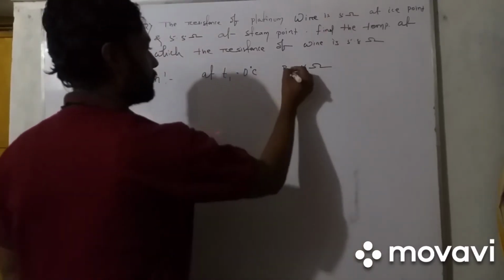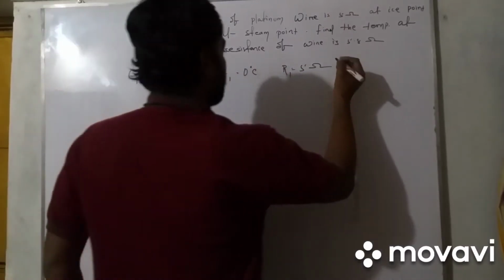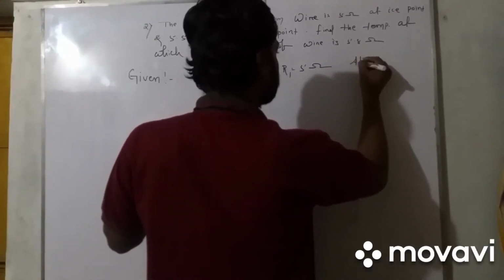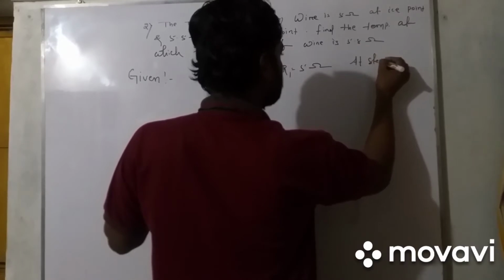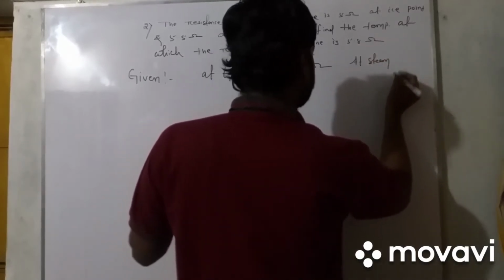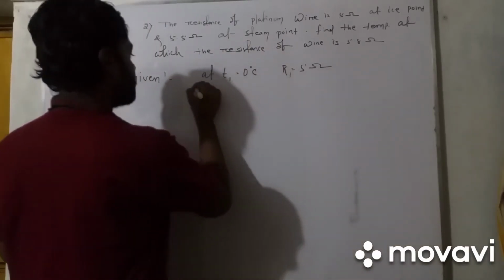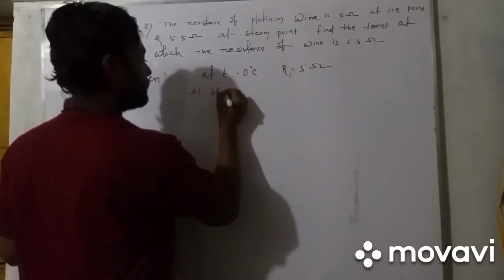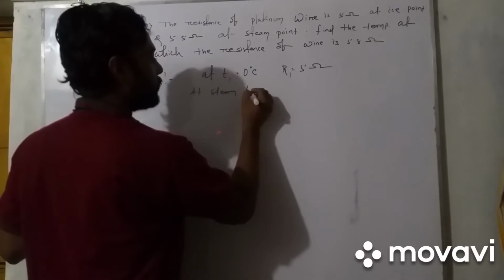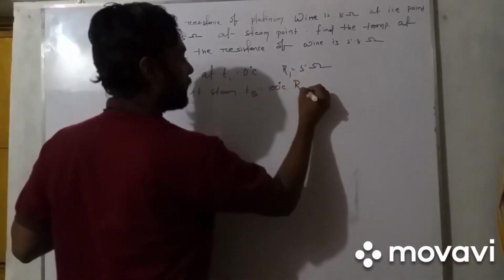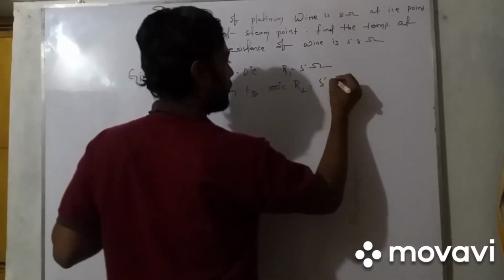At steam point, T2 equal to 100 degrees Celsius, R2 is given by 5.5 ohm.